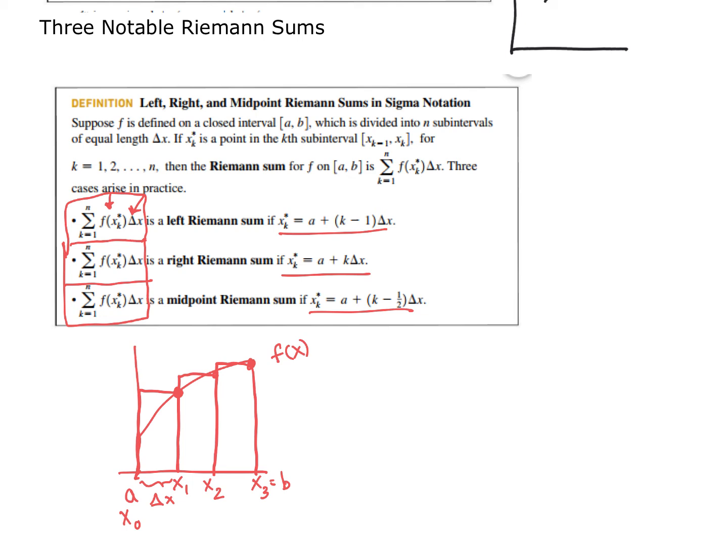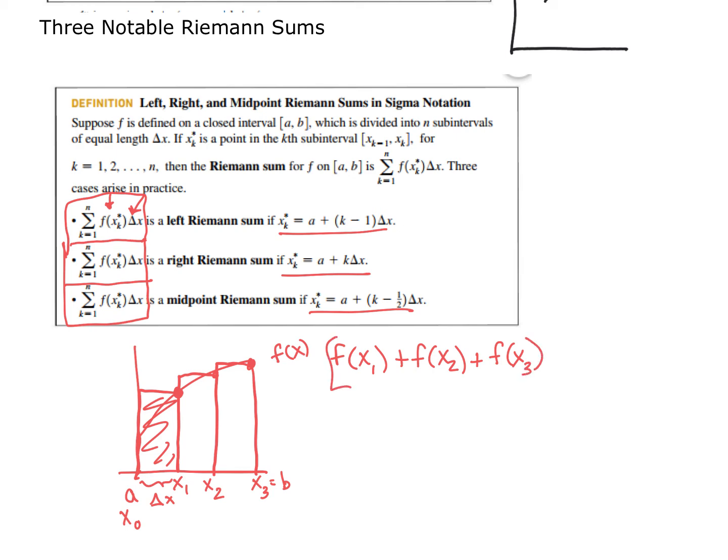So what we're going to do is look at this and say, well, my first rectangle, this rectangle right here, has a height of f of x sub 1, right? That's my first height right here. So f of x sub 1, and then the next one is f of x sub 2, and then I'm going to go up to f of x sub 3.